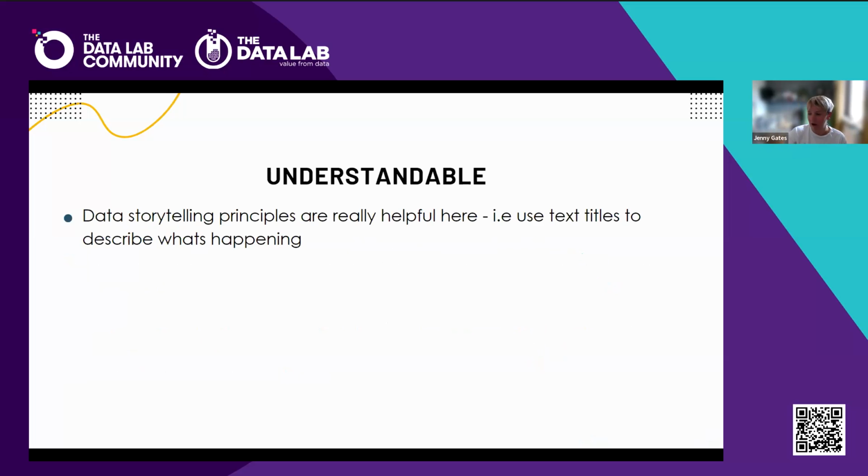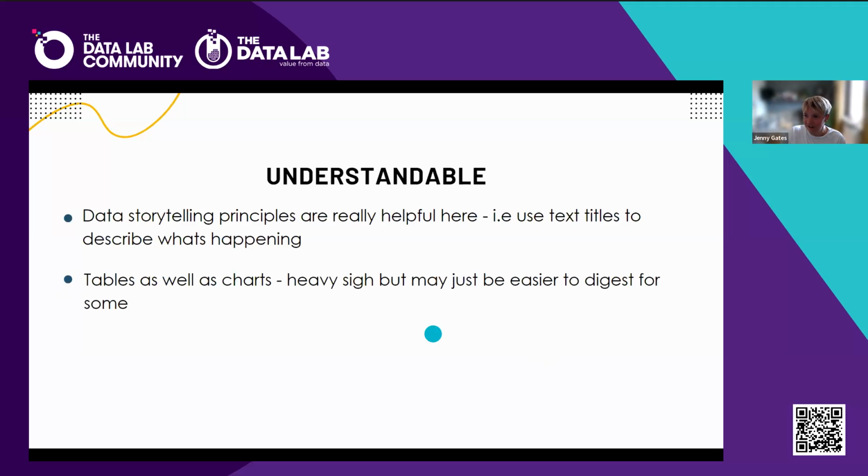For example, using text titles to describe what's happening in a visualization. A screen reader can't read that bar chart for you, but it can read the text at the top of the bar chart and describe that visualization. So if you can go away and up your data storytelling skills, not only are you making more impactful and more powerful visualizations, you're probably making them more accessible at the same time.